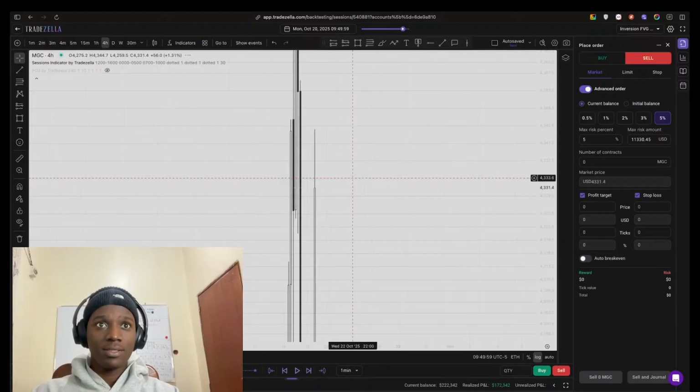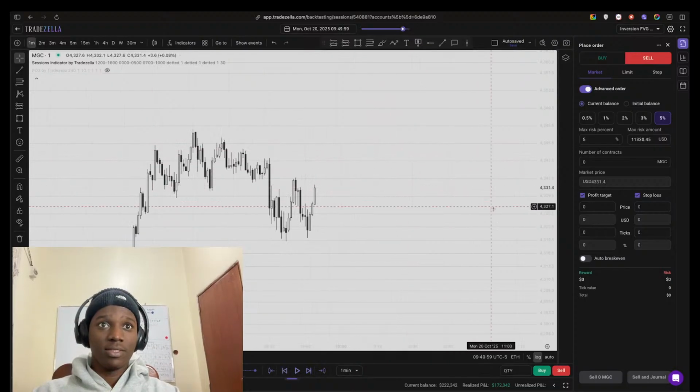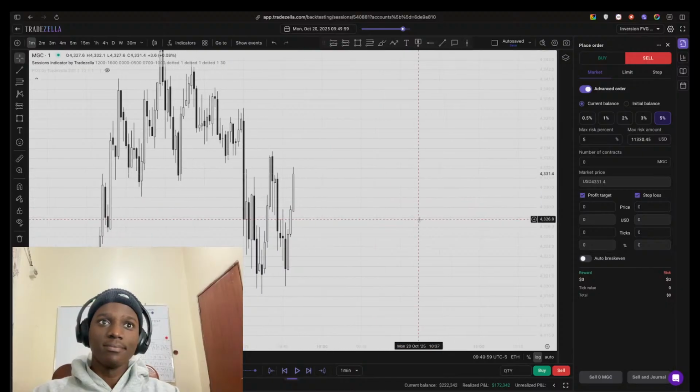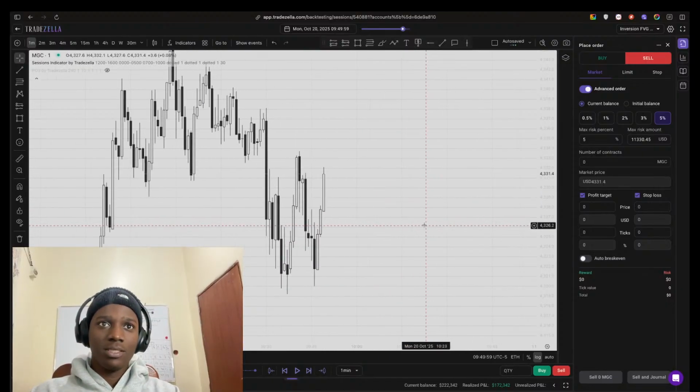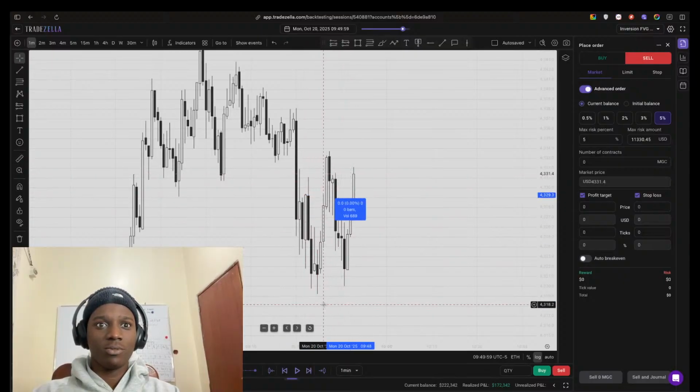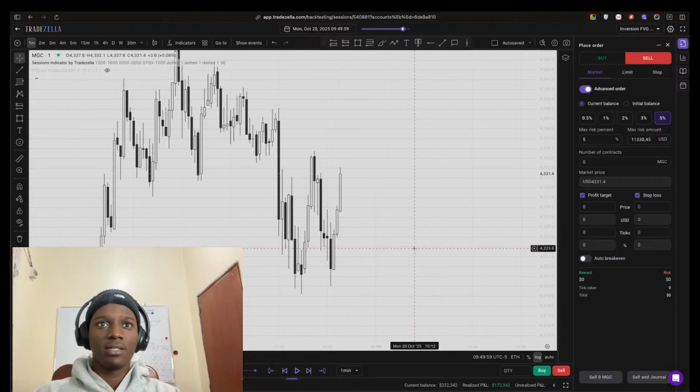Okay, 4 hours till it's about to get inversed actually. And well, we have a run on these lows here. We're displacing quite higher. We had a change in the state here. Price failed to break this low here, so I think we're gonna keep going higher.